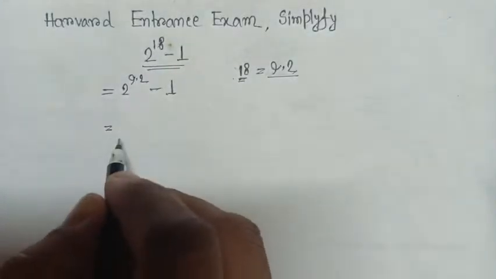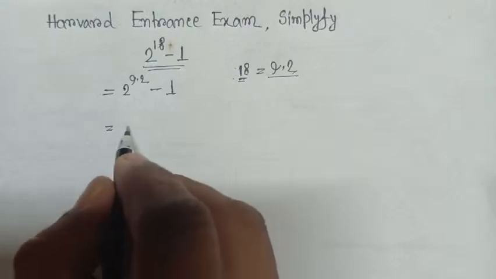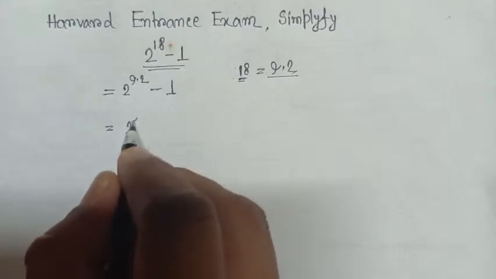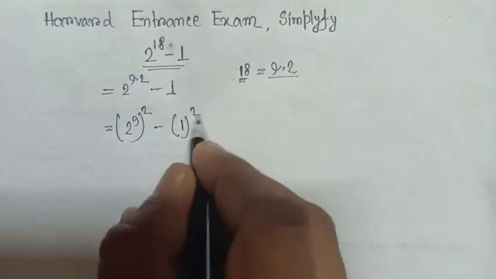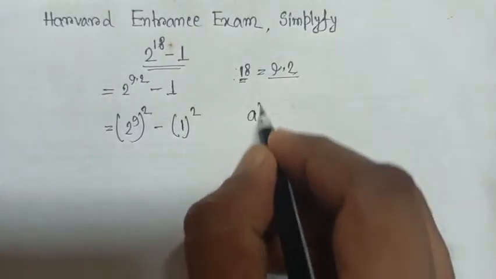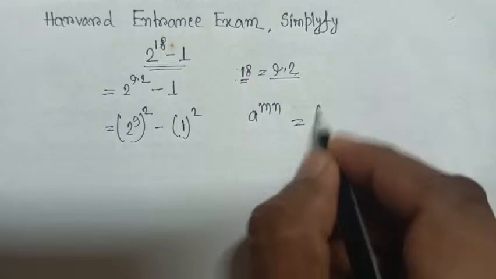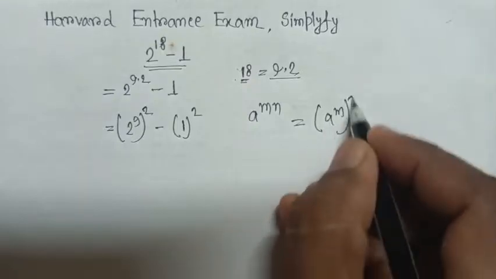Now we can write (2 to the power 9) squared minus 1 squared. As we know, a to the power mn is equal to (a to the power m) to the power n.